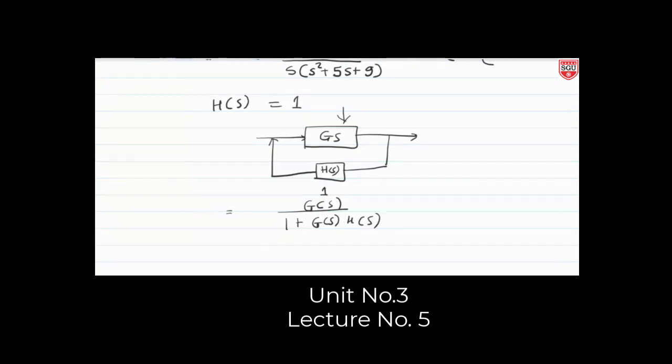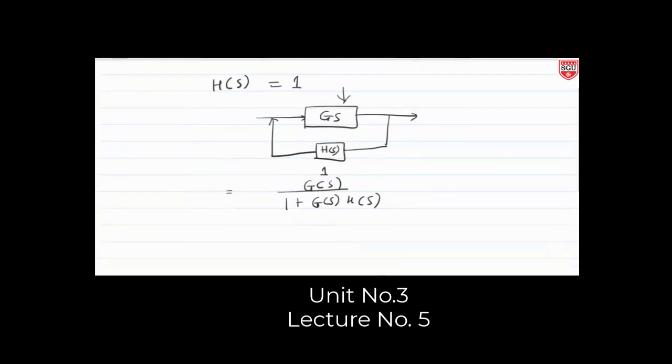So this is the formula. In this transfer function, whatever the denominator is, that is our characteristic equation. So we have to find the characteristic equation, which is nothing but 1 plus G of s into H of s.